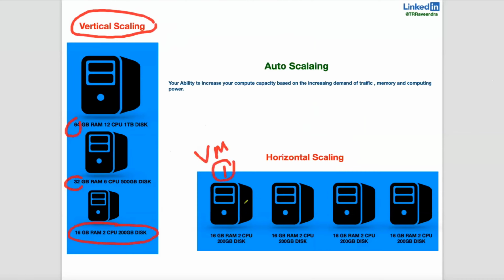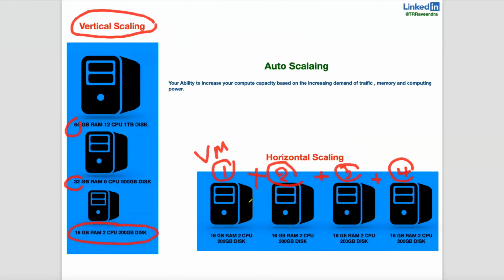If you're looking for 32 GB RAM, they'll assign another VM with the same configuration, so now you get 32 GB RAM. If you need more capacity, they'll assign a third VM, then another VM, and you will get 64 GB RAM. This kind of scaling we call horizontal scaling.